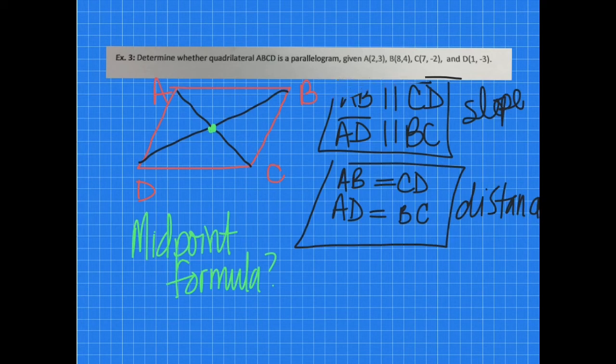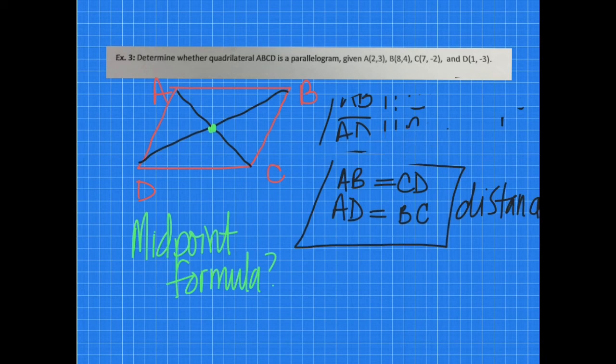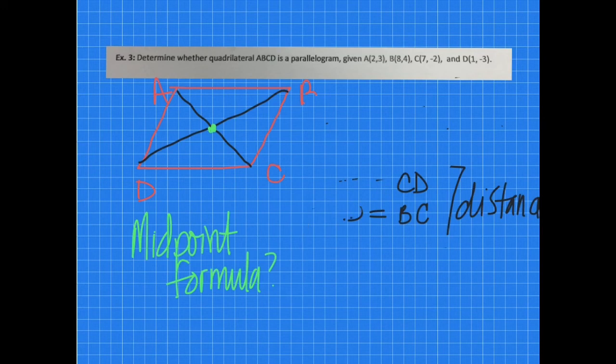So let's find the midpoint of these diagonals. I'm going to erase my work over here, and I'm going to find the midpoint. Remember, in order to find the midpoint, we just add x1 plus x2 divided by 2 and y1 plus y2 divided by 2. So here we go.